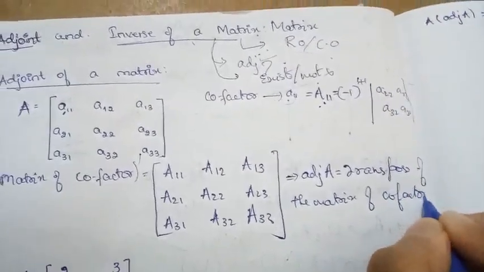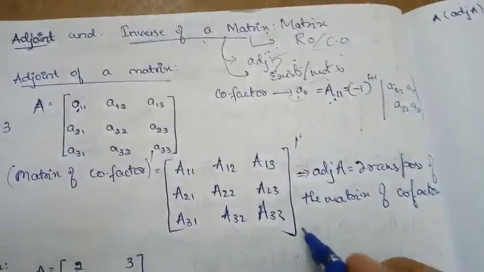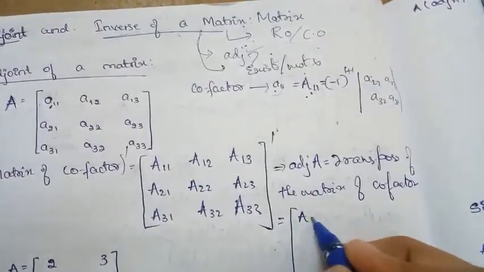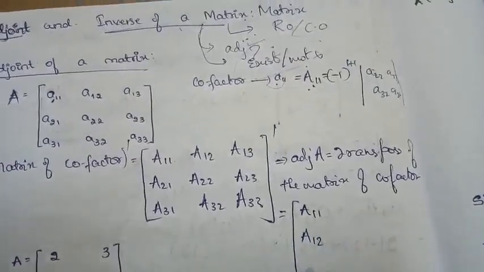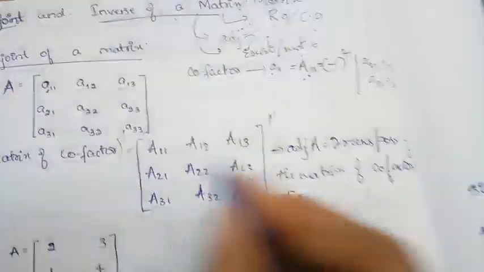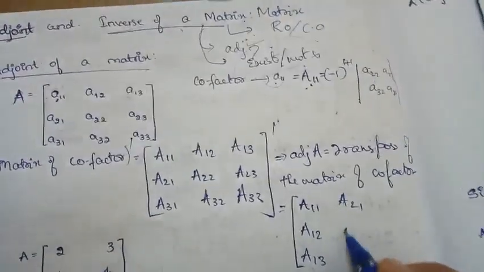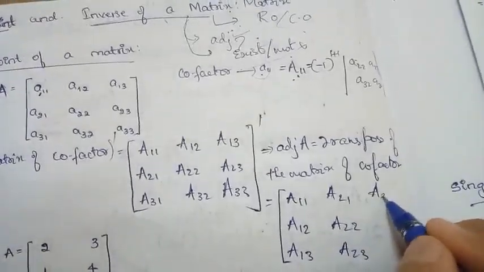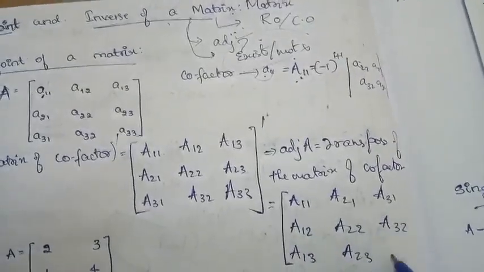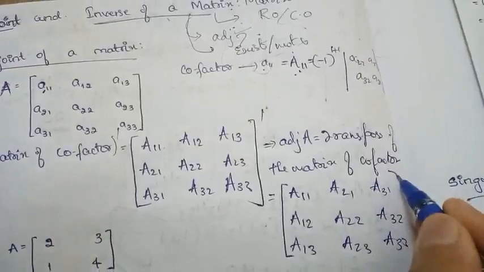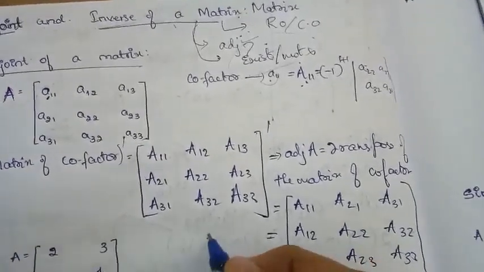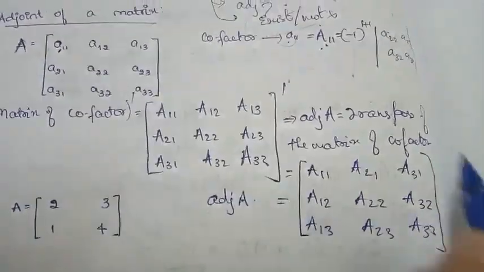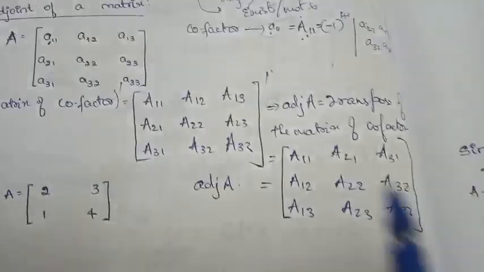I am taking the transpose of this matrix, so our first row A11, A12, A13 becomes our first column, the second row becomes our second column, and the third row becomes our third column. So the transpose of this is nothing but adjoint of A. Adjoint of A is the transpose of the cofactor matrix.